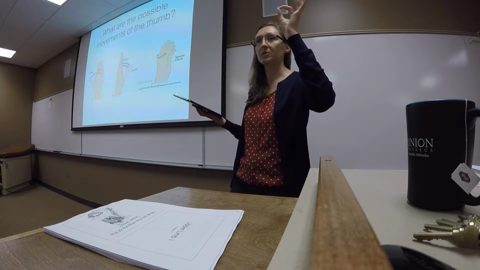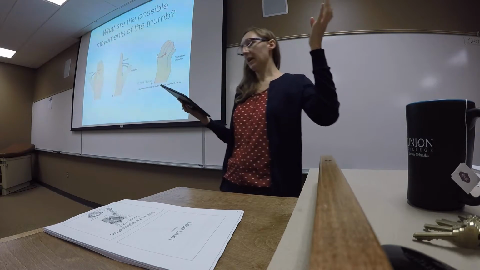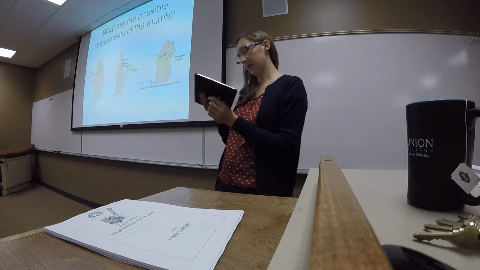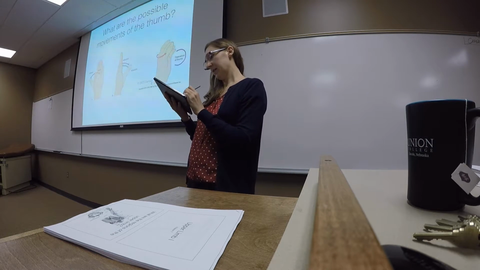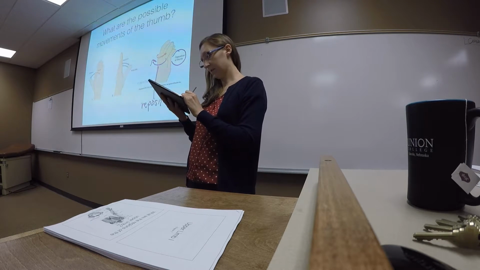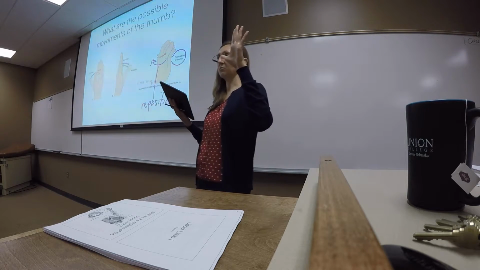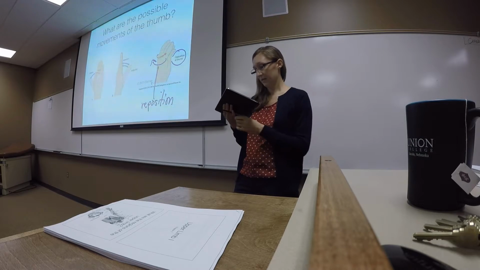This is all opposition of the thumb. This requires both abduction and flexion. Okay, so that's opposition. The opposite would be reposition of the thumb. So that opposite movement, bringing it back into the plane and out away from the palm.